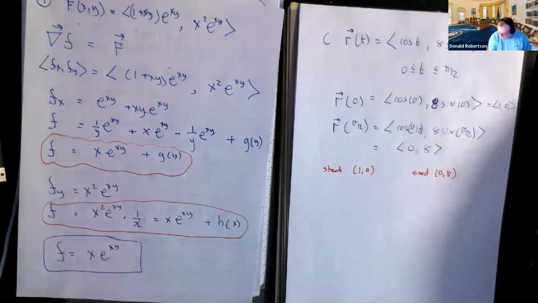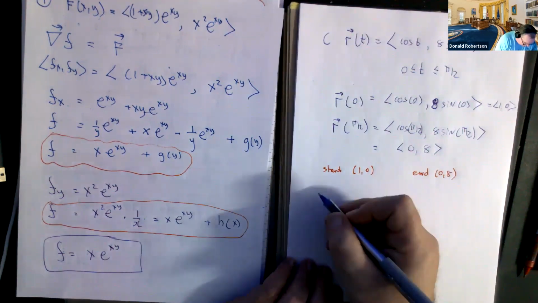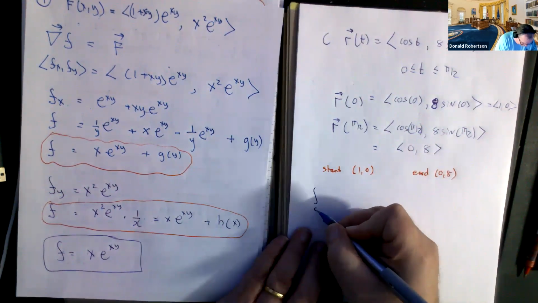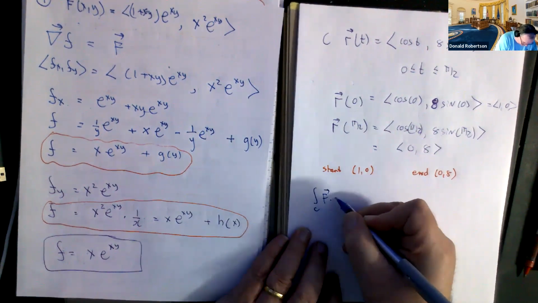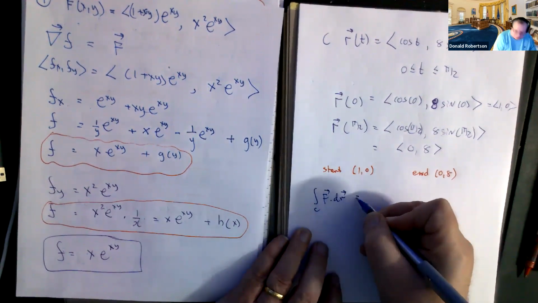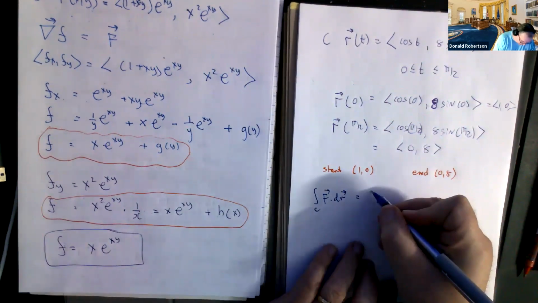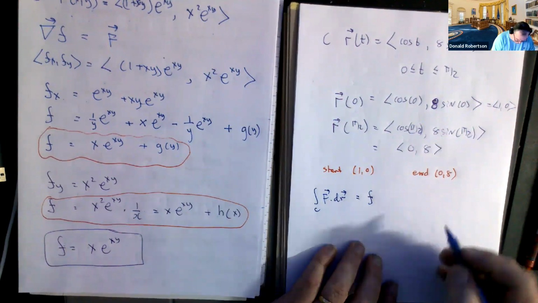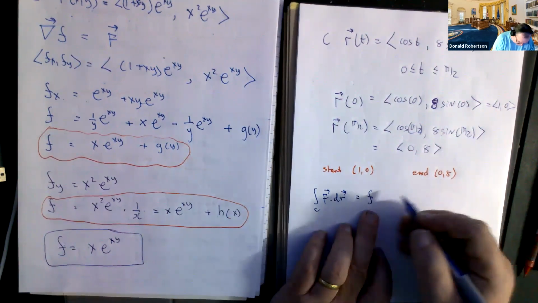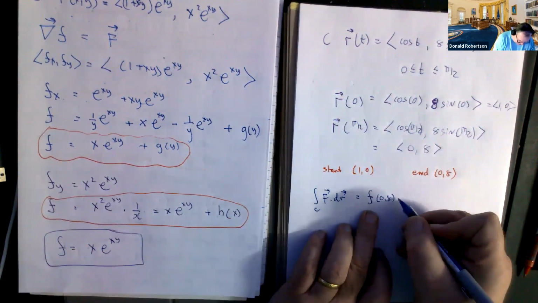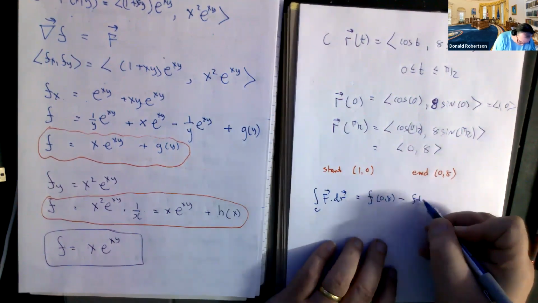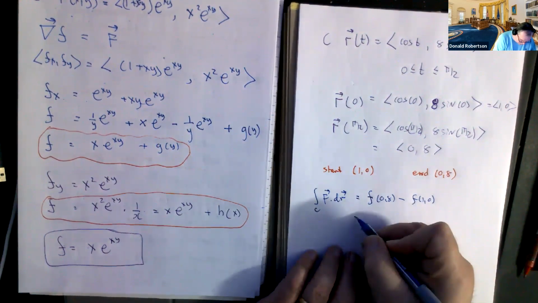So to get the line integral, I just find the integral over c of f dr. And the fundamental theorem of line integrals says it's the value of the function at the end, so its coordinates are 0, 8, take away the guy at the start. And what do we have?